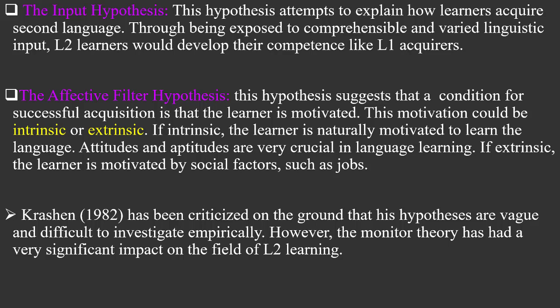According to Krashen, if you are exposed to comprehensible, communicative, varied linguistic input, you can acquire the competence of a native speaker in another language. For example, if you are a native speaker of Arabic and you are learning English, if English is provided to you as comprehensible, varied linguistic input, you would acquire the competence of L1 acquirers.